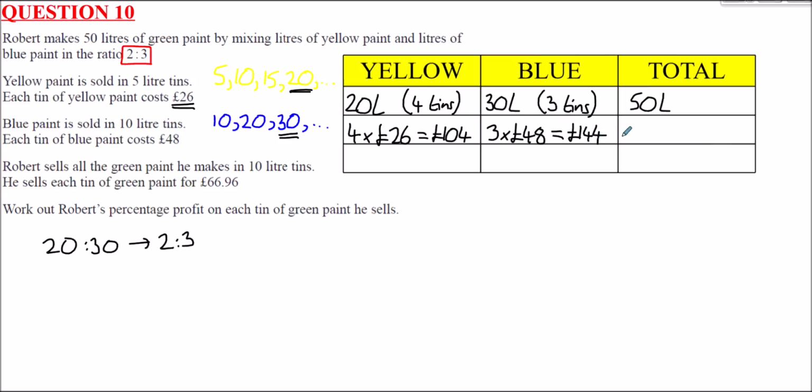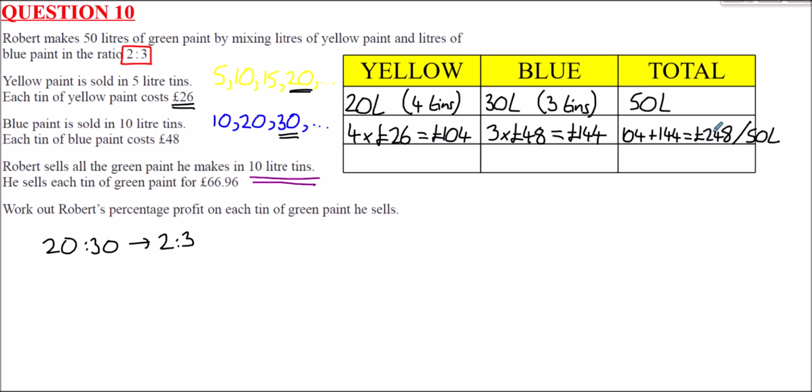So the total cost of those 50 litres of paint, the 4 tins of yellow mixed with the 3 tins of blue, would be 104 plus 144, which is £248 for 50 litres. But of course we're told here he's planning on selling them in 10 litre tins.